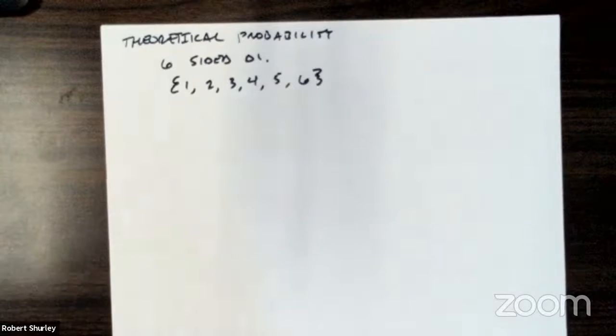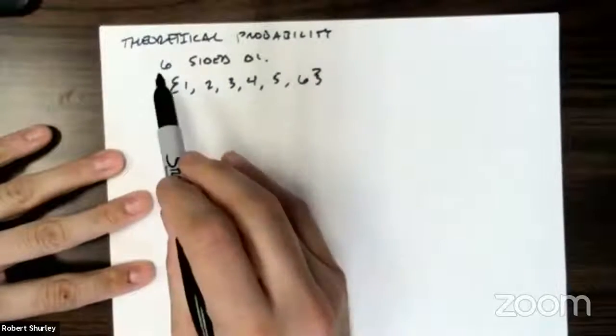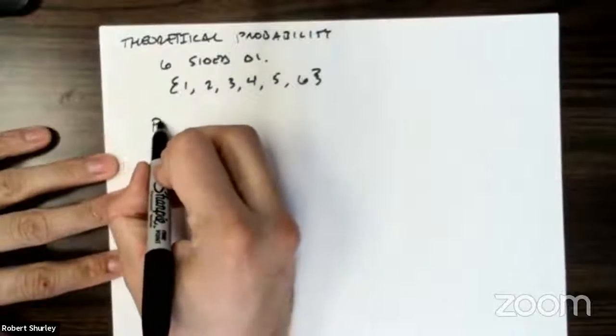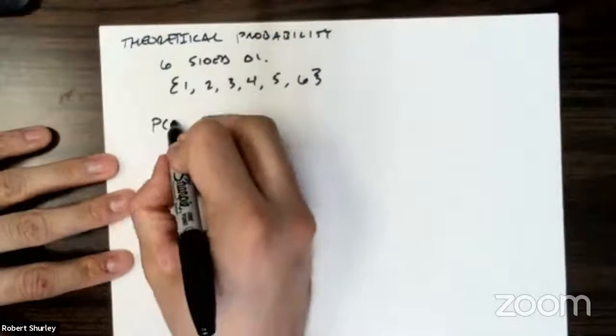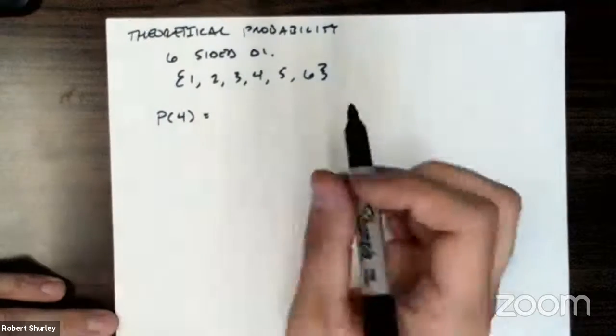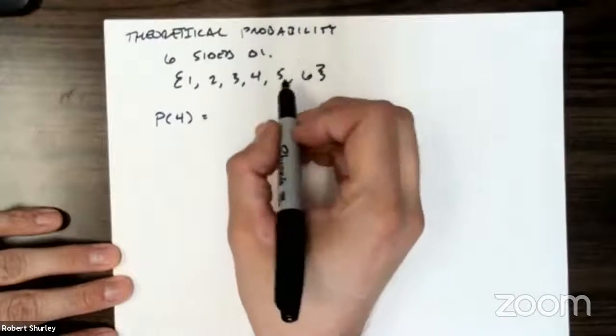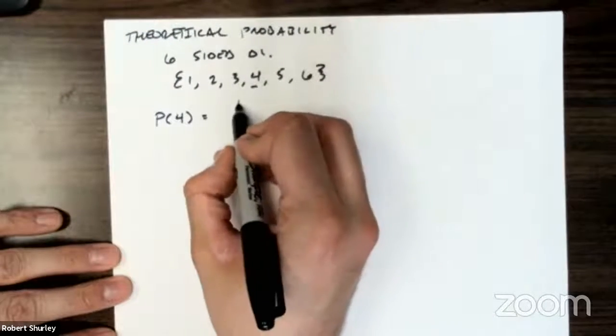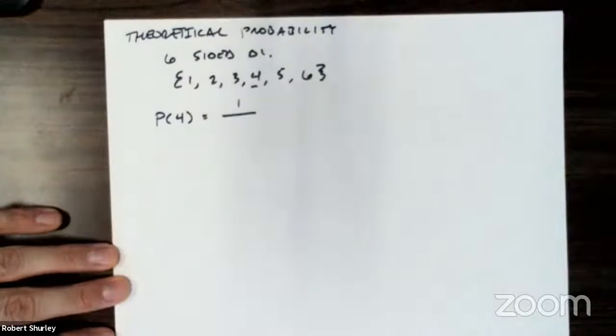So if I wanted to know the theoretical probability, excuse me, I'm so tired. Let's say that we wanted the theoretical probability of rolling a 4. Well, we want to see how many ways can we roll a 4. There's only one way we can roll a 4, right? There's only one chance of that occurring.